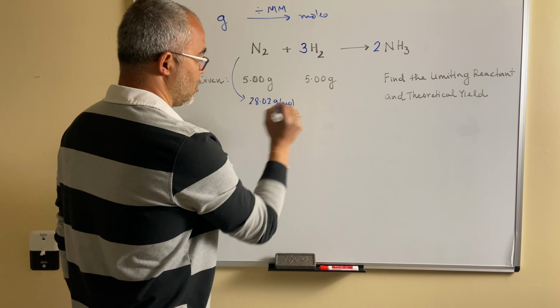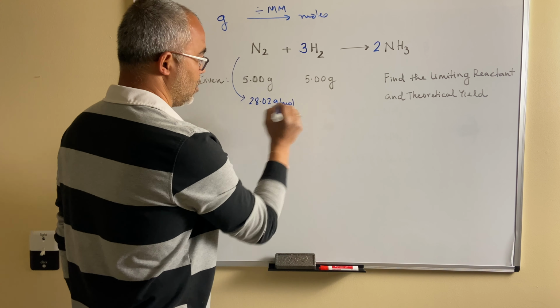And for hydrogen, H2, it is 2.02 grams per mole. And while you're calculating the molar mass, you'll also need the molar mass of the product. So the molar mass of NH3 is 17.04 grams per mole.